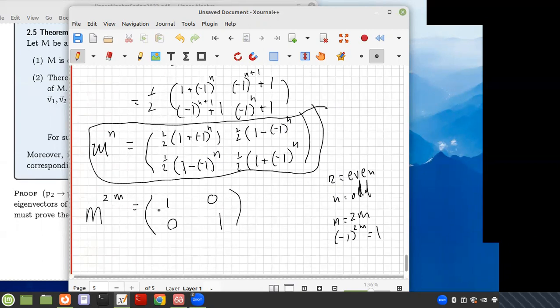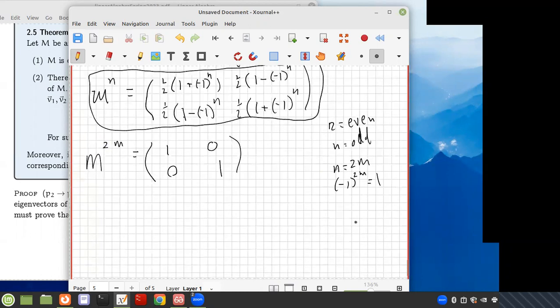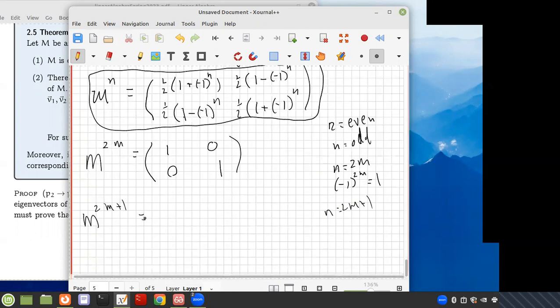So if we look at the case where N is even, it turns out that you just get the identity matrix. But what if N equals 2M plus 1, or some other M, so it's going to be odd?